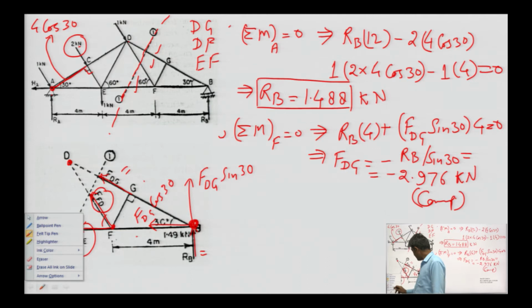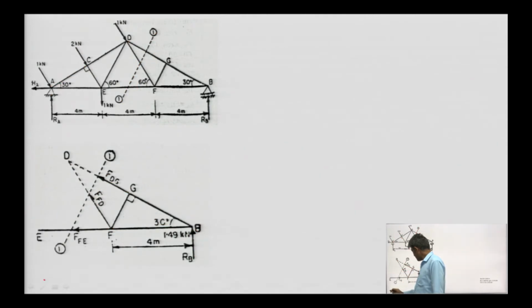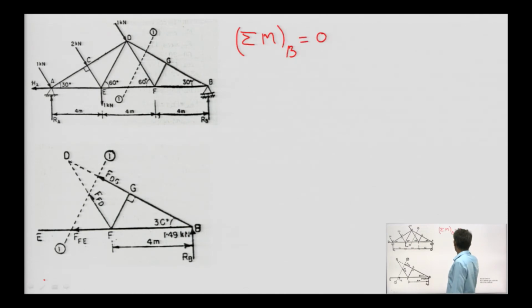Okay, let me show. Bending moment sigma M about B equal to 0. By equating this equilibrium equation, we get F_D, this one component.